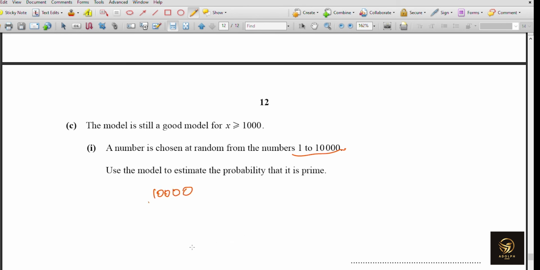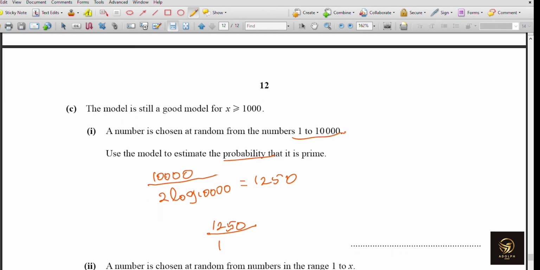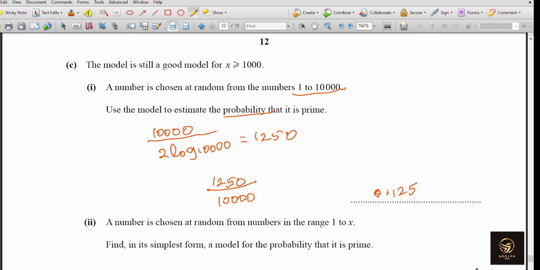In the model, we apply 10,000 divided by 2 log 10,000, and we get 1250. Since we have to estimate the probability, there are 1250 successes out of 10,000 chances, because only primes count as success, so the probability is 0.125.